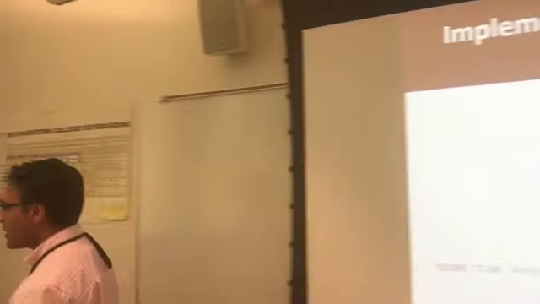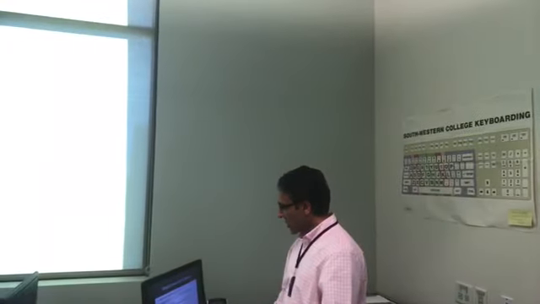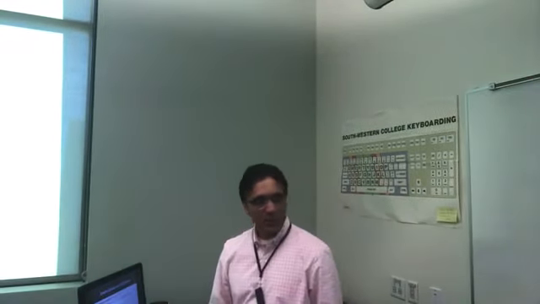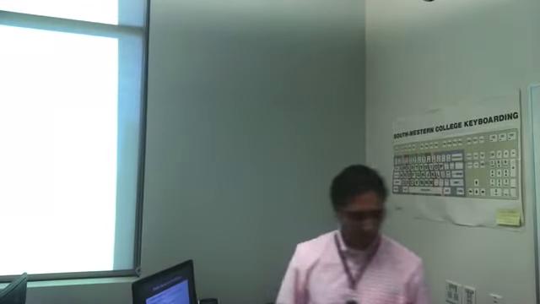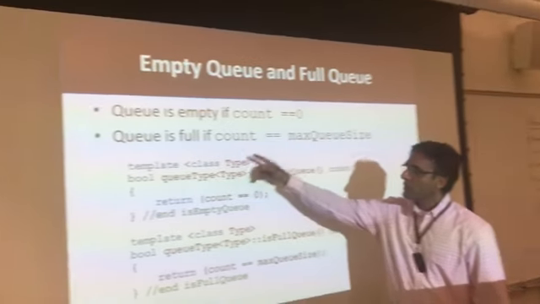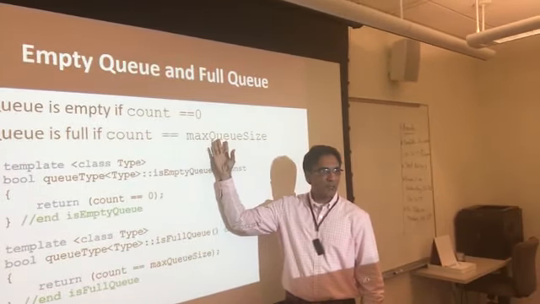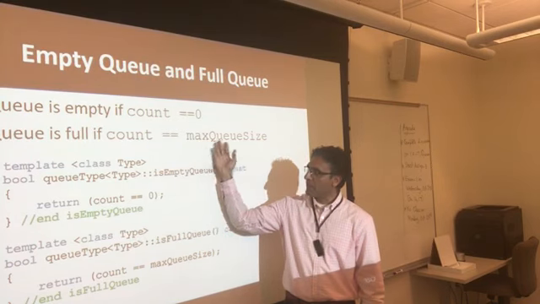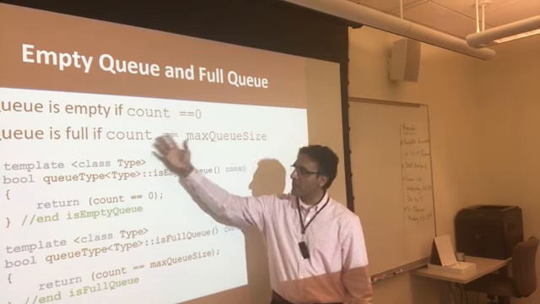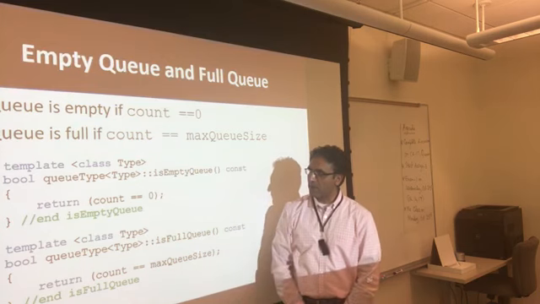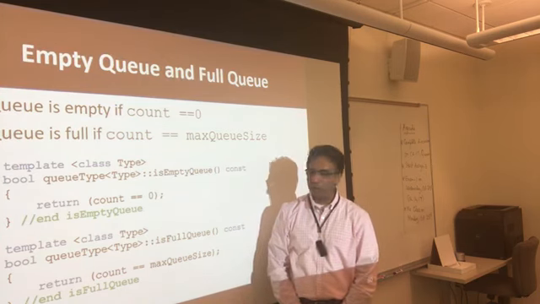Then it provides you various other ways to delete the data as well. Again, it checks that if the count equals 0, it will tell us it is empty, just like what we did last time. The queue will be full if its count equals the maximum queue size. If the maximum queue size is 100 and the count is 100, then of course it's going to be full.